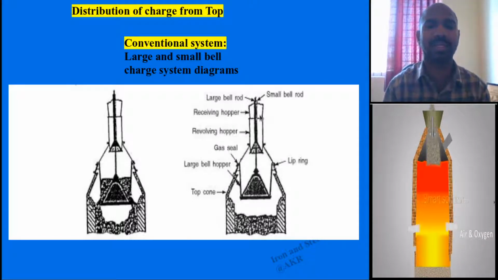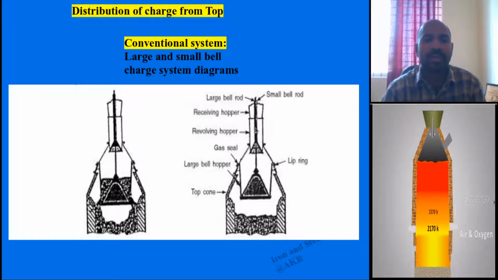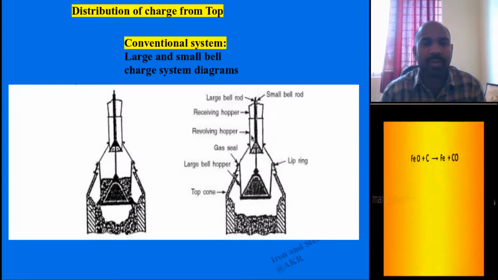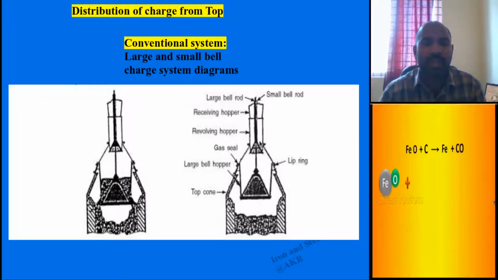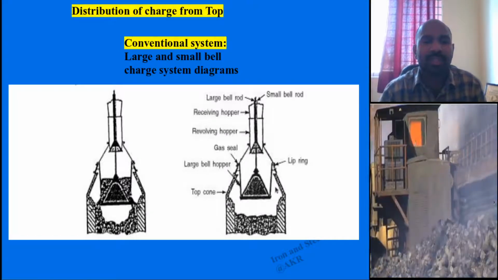You feed into the receiving hopper, which is kind of a bin, and this is allowed to fall on the revolving hopper, and there will be a stopper called the small bell. As it revolves, the material falls into the large bell, and this is the lip ring, which is completely gas sealed, and this is the top of the blast furnace, a cone-shaped top cone.